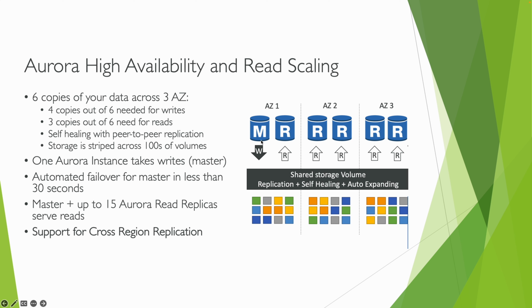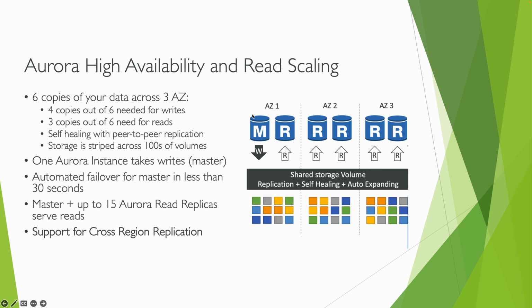So whenever you insert data into your master instance, all the data will be replicated to different availability zones, and it will be available to read from these read replicas. One Aurora instance takes writes, that is the master instance. There is automatic failover for the master in less than 30 seconds.